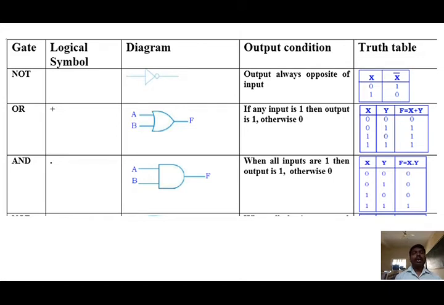My dear students, can you identify the difference between the NOT gate and all other gates?